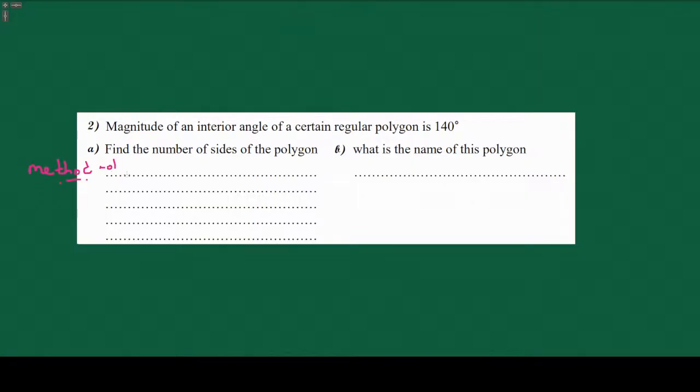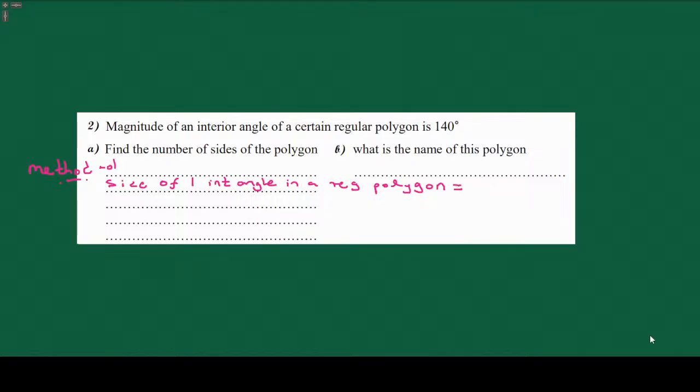What's method 1? First we'll write how do we find the size of one interior angle in a regular polygon. How do we find the size of one interior angle of a regular polygon?